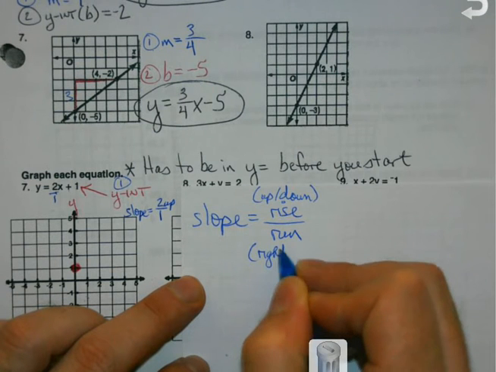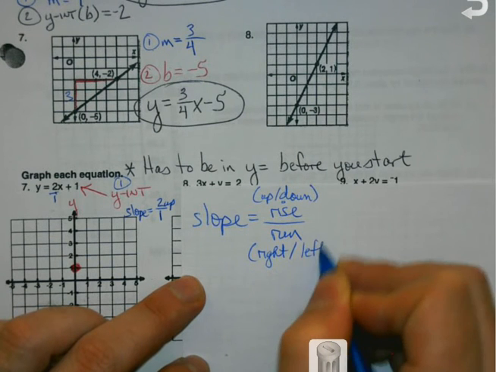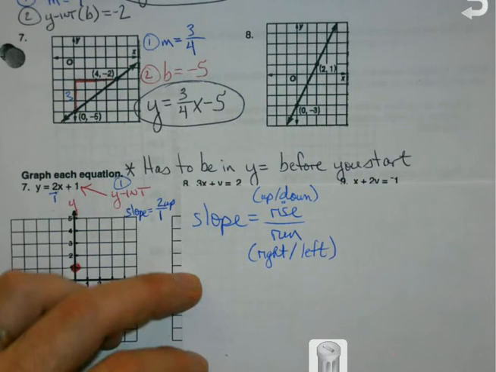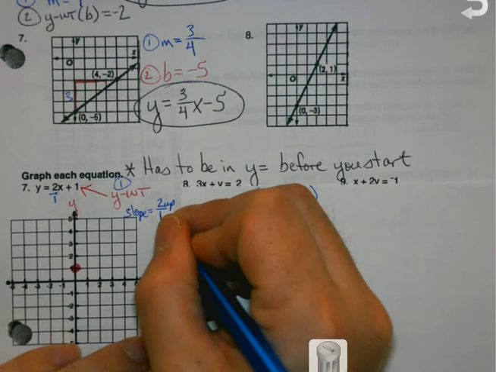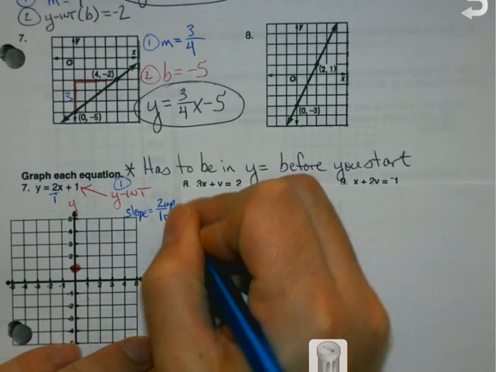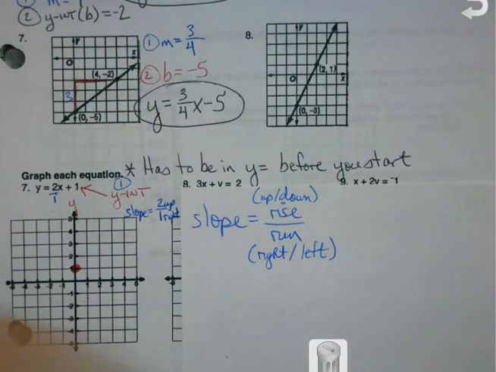And we put this on Mr. Slope Guy's face before. But that's something I want to keep in mind when I'm doing this. Top number is always up and down. So I'm going to go up 2, and the 1's positive, so I'm going to go right 1.